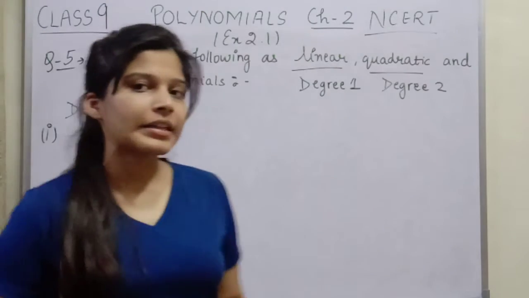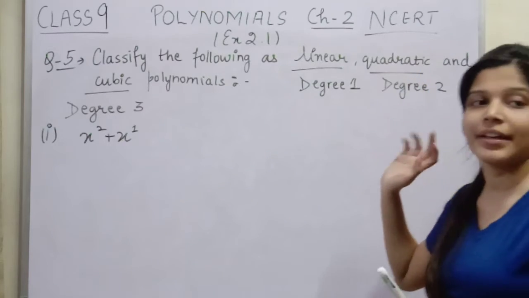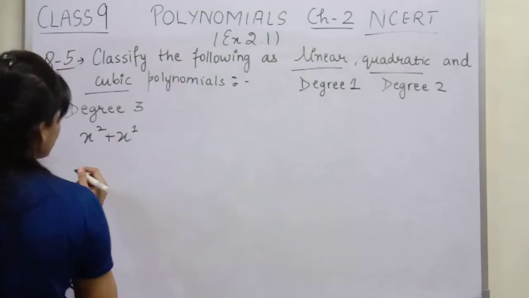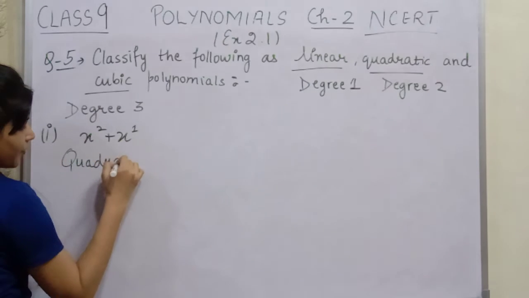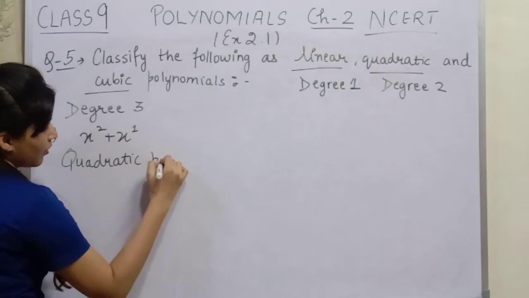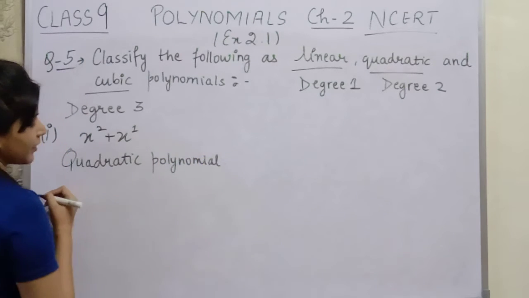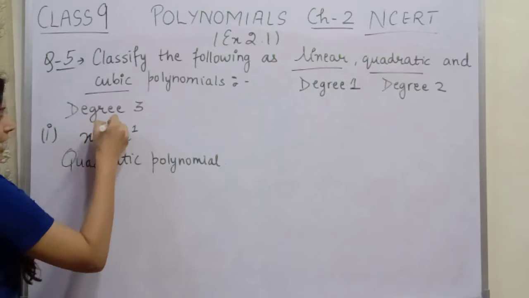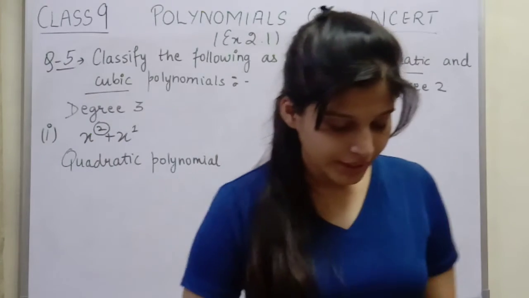So I think the highest part is 2. And highest part 2 means it is a quadratic polynomial. So this is very simple. Why? Because we have highest part 2. Right? Now coming to the second part.